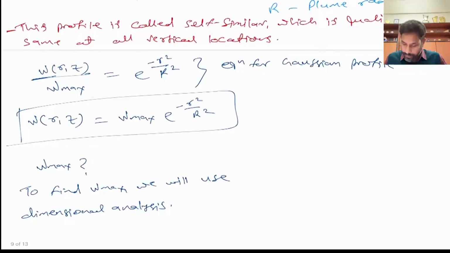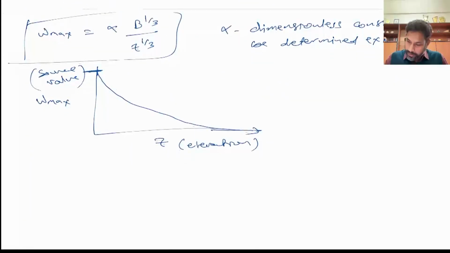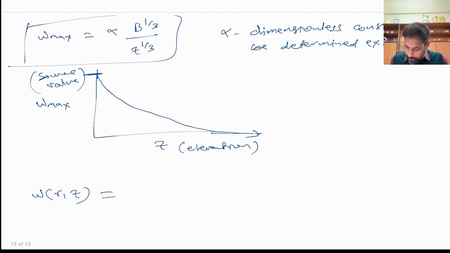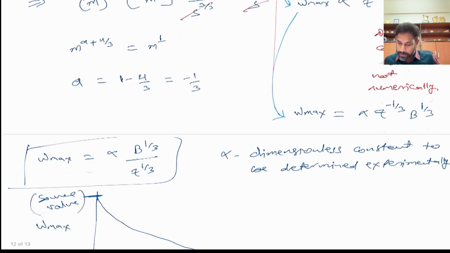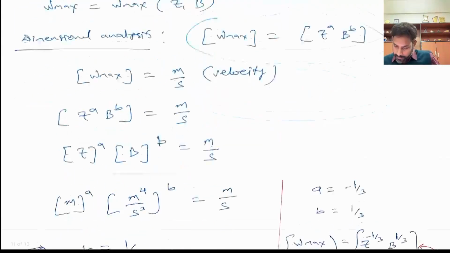Okay, so now having found W max, we can actually define the radial velocity W(r,z). So W(r,z) must be equal to alpha b to the 1 by 3 z to the minus 1 by 3 e to the power minus r square by capital R square. Okay, this is what we had defined, right?